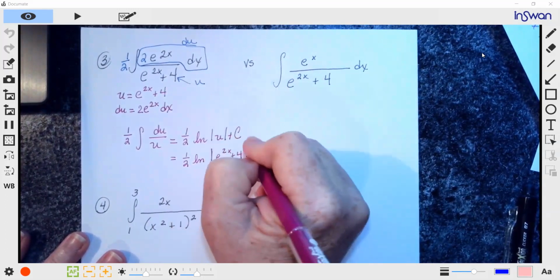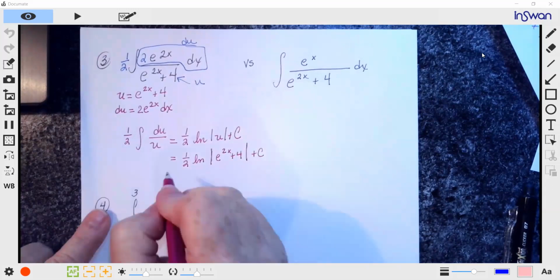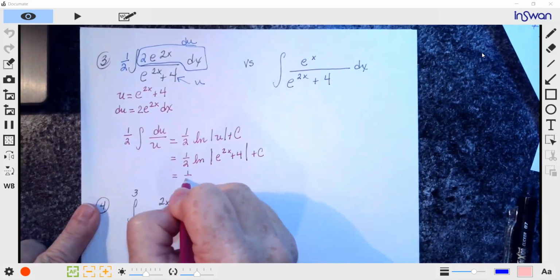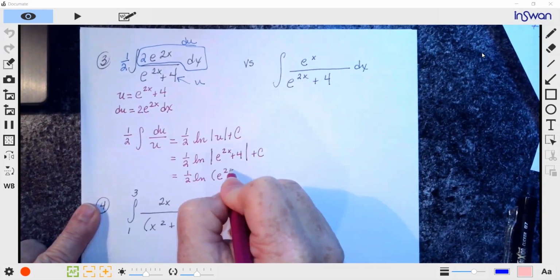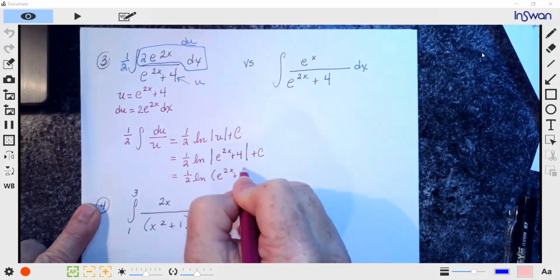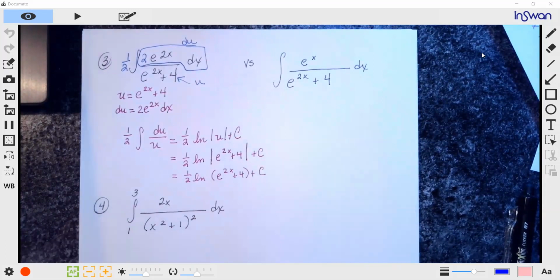plus c. Now, you enter that in MyMathLab, and it comes up and either says it's wrong, or you look at their answer and it's not the same thing, and they have this instead. And you go, well, but my teacher told me it was the natural log of the absolute value. And that's true.